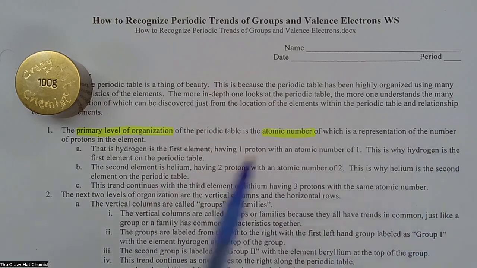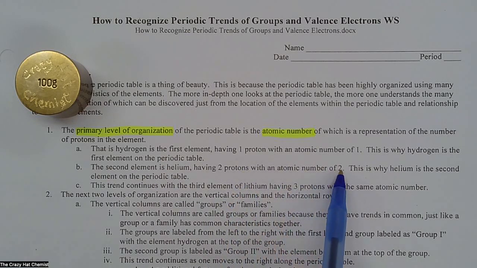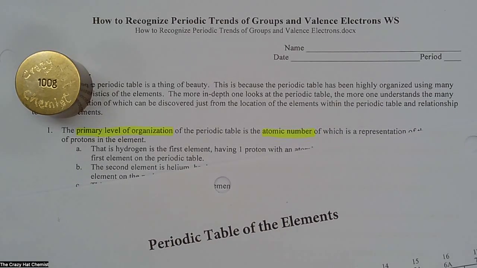This is why hydrogen is the first element on the periodic table. The second element is helium, having 2 protons with an atomic number of 2. This is why helium is the second element on the periodic table. This trend continues with the third element, lithium, having 3 protons with the same atomic number, and that would be 3. Okay, so let's just point this out on our periodic table to make sure that you understand this.